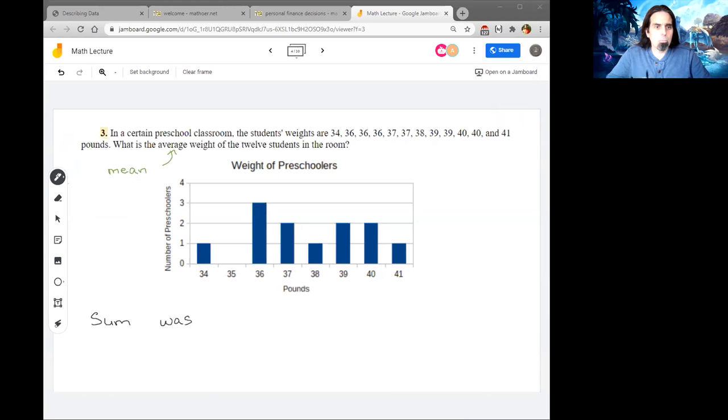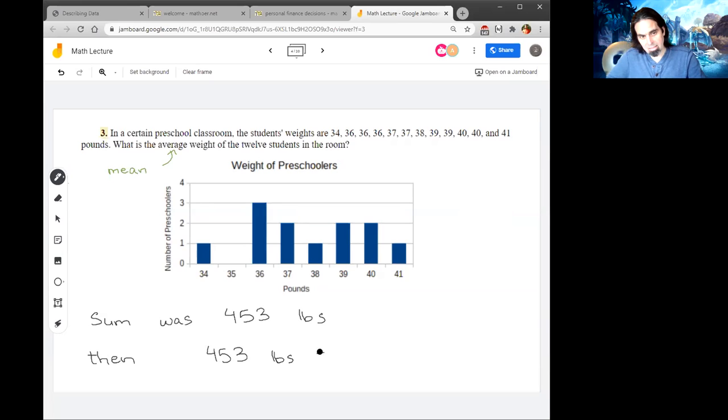It's 453. Then divide by how many? It's 37.75 pounds. If you wanted to round it, that would be great too. Doesn't really matter.